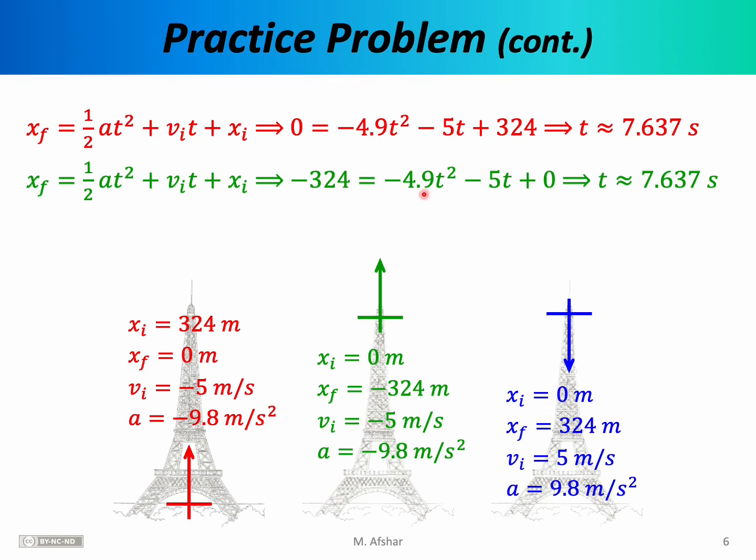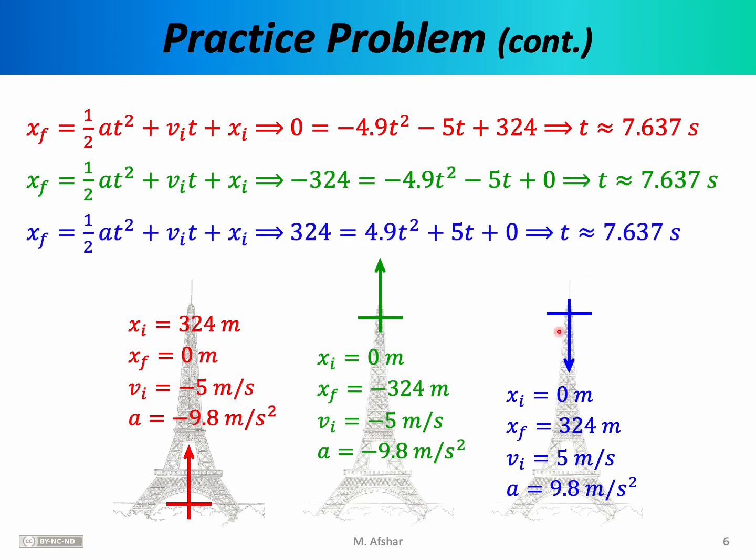In fact, if you're thinking about this critically, you'll notice that this green equation here is the same as the red equation here, because you can bring the 324 to the other side, turn this into a quadratic equation, use the quadratic formula, and again, you'll see that the time it takes for the baseball to hit the ground is 7.637 seconds.